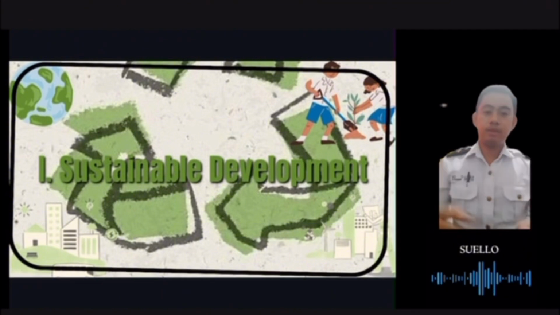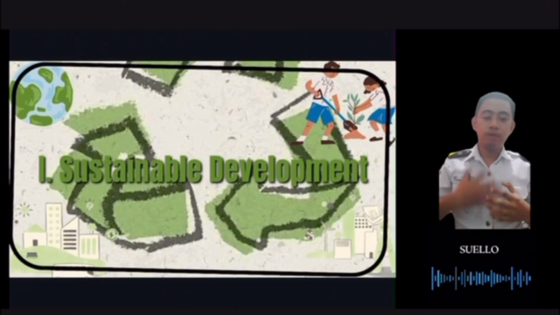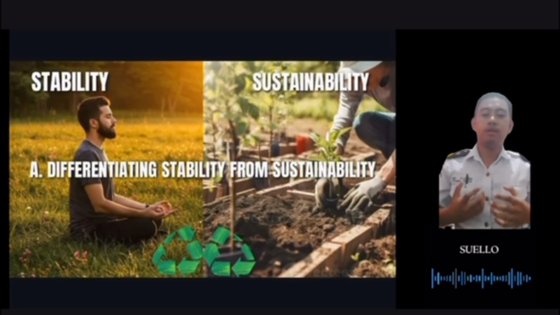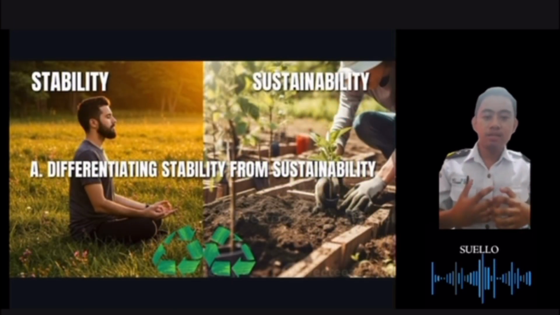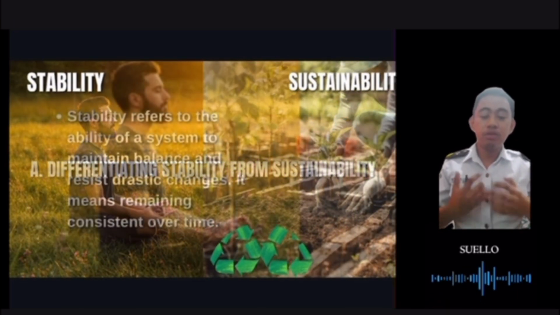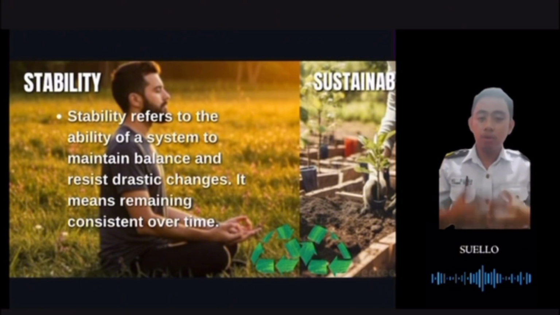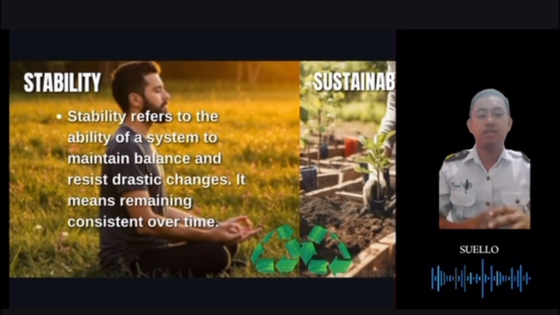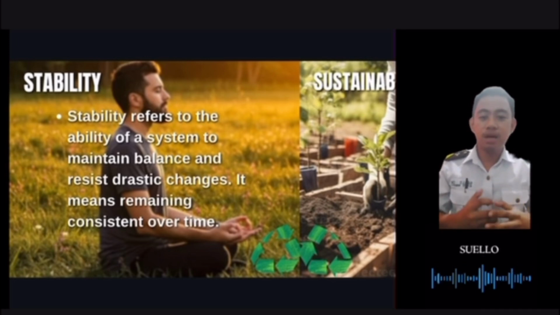Now, we're going to differentiate stability from sustainability. So basically, stability refers to the condition where a system, community, or environment remains steady and secure and also resistant to sudden changes. It means things are functioning normally and are not easily disrupted.